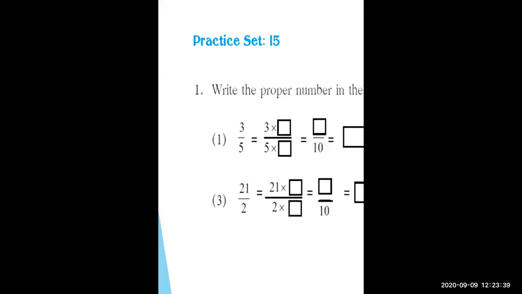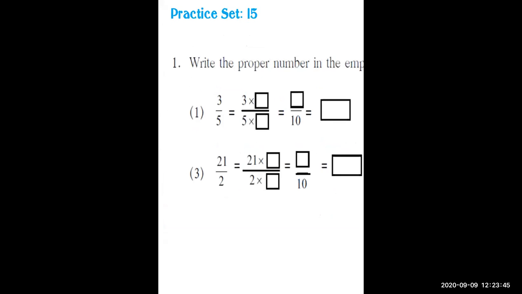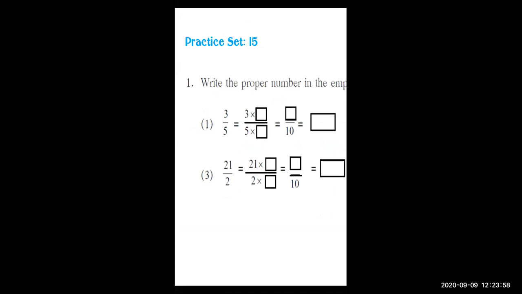Write the proper number in the empty box. Listen to it properly first, then give me a proper answer. The first question is 3 upon 5 equals 3 multiplied by box upon 5 multiplied by box equals box upon 10 equals box.